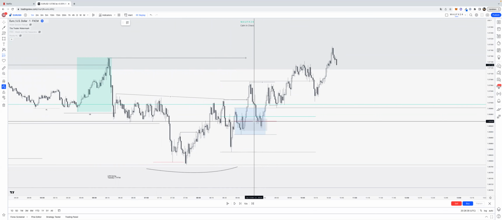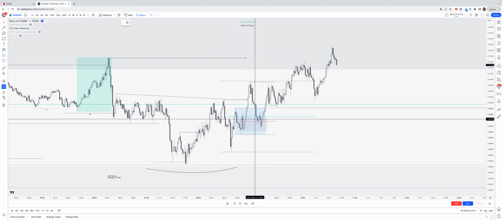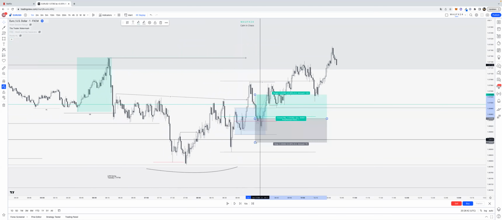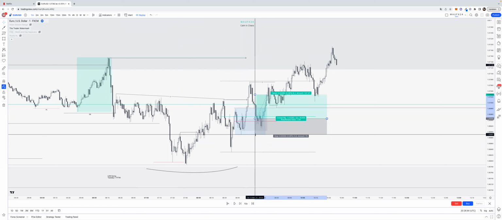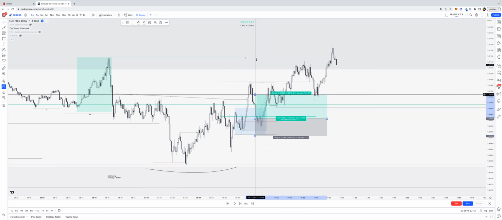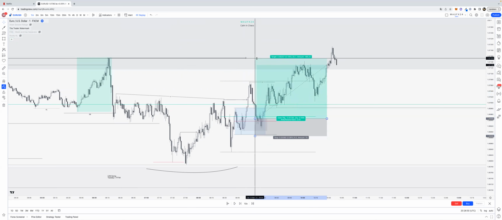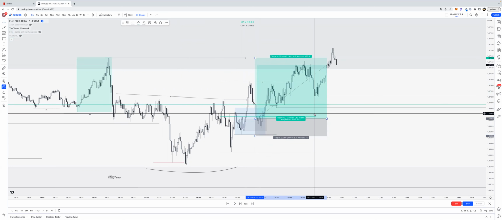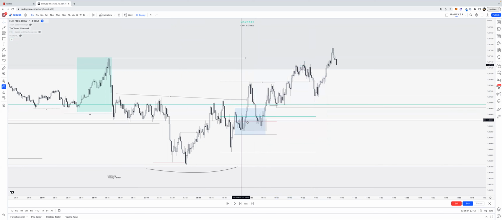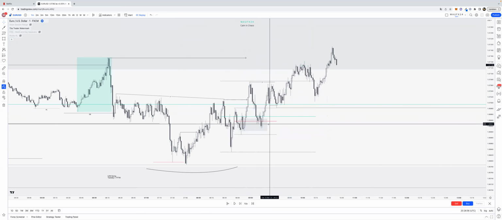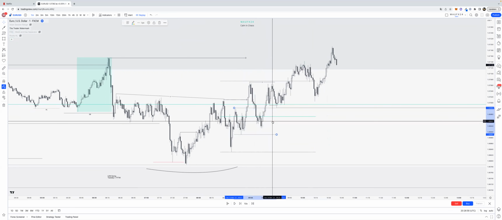So long 36, 46, stops below the low, 6.0, and then target these highs. That's your first TP, 1 to 3.5. Beautiful. So that will be the continuation trade.